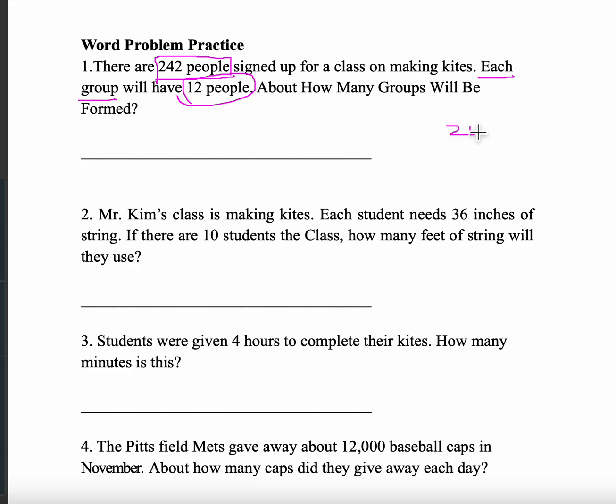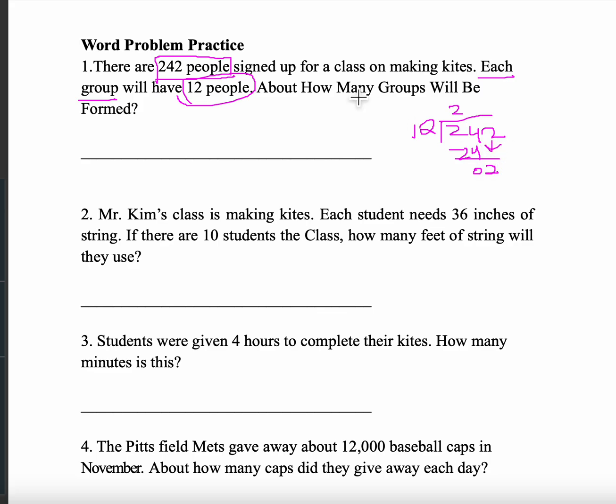First, we have to divide 242 by 12 because we want to know about how many groups there will be if one group has 12 people. So 12 goes exactly into 24 2 times. So you're left with 0 there. And then you'd bring down the 2.